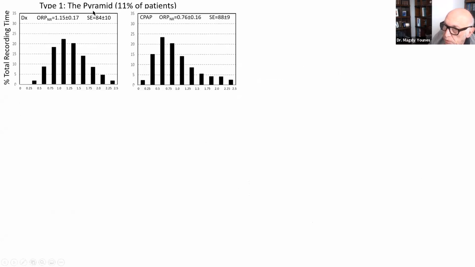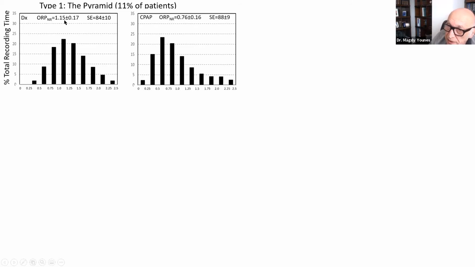So this is type 1, the pyramid, and this is on CPAP. You can clearly see a shift to the left, with the peak now moving from the middle to the early deciles. It's still not normal, but it's much closer to normal than before. And we can look at the values here. This is the diagnostic study versus the CPAP study. ORP in non-REM averaged 1.15.